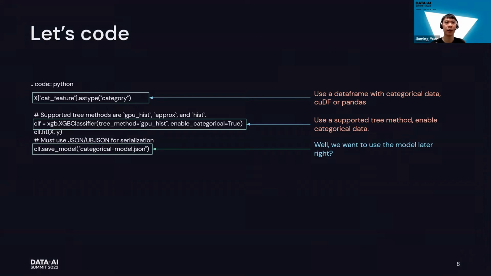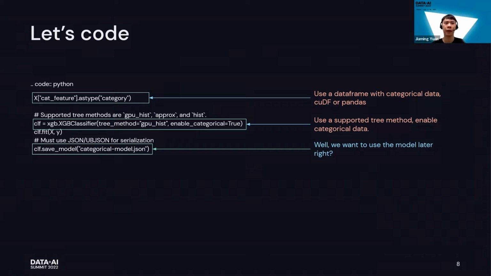If you are already familiar with the scikit-learn interface of XGBoost, then this should look familiar to you. All you need to do is specify the parameter enable_categorical equals true to inform XGBoost that it should handle those values as discrete values.